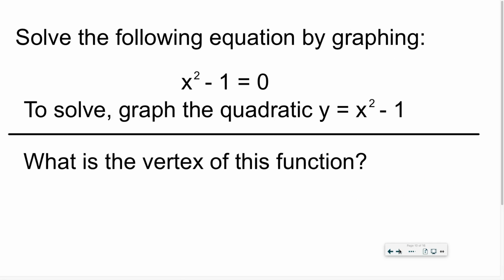What's the vertex? In this graph, our vertex is also going to be on the y-axis. So what will it be if our axis of symmetry is our y-axis? It's going to be -1. What else is that in terms of our equation? The c value.